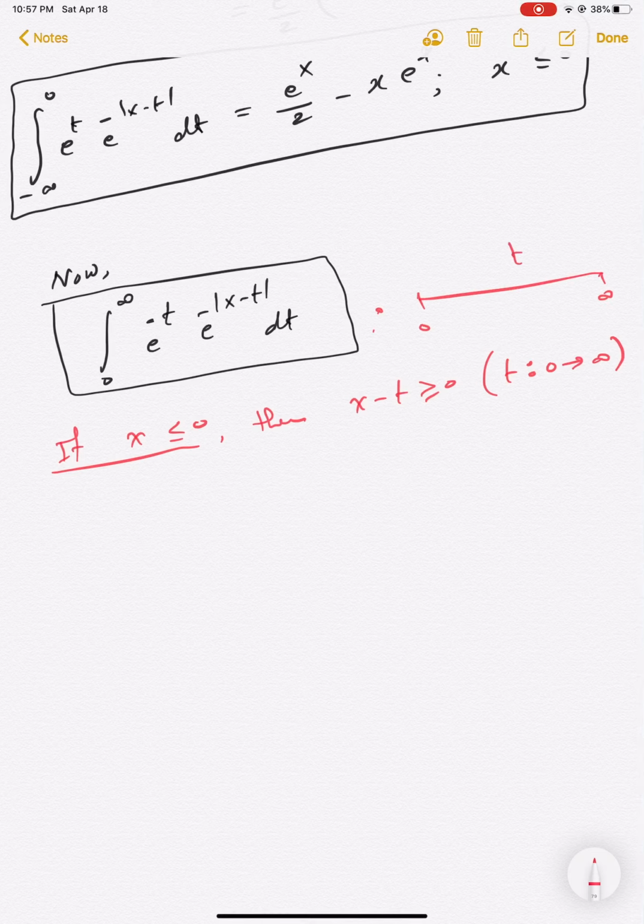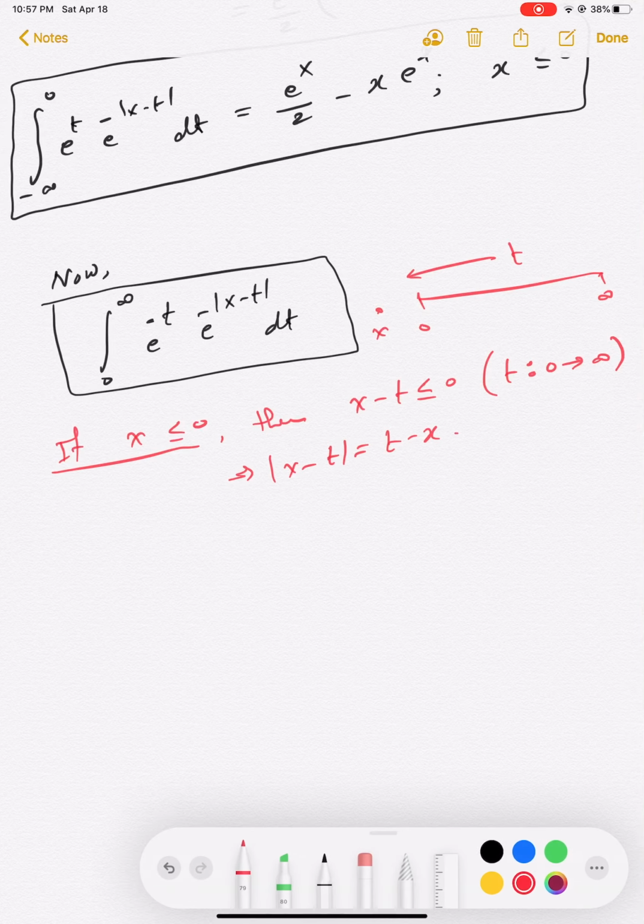So if x was negative, because the t values are all positive, in this case x minus t is going to be negative because x is smaller than all values of t. And in this case, the absolute value of x minus t is going to be t minus x.